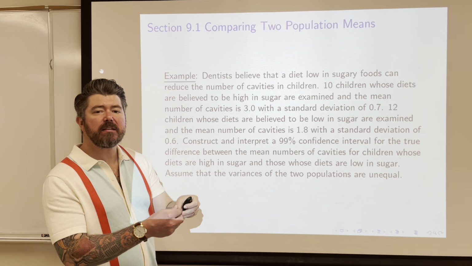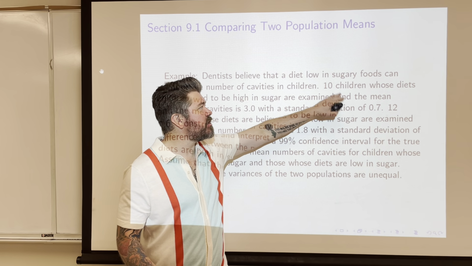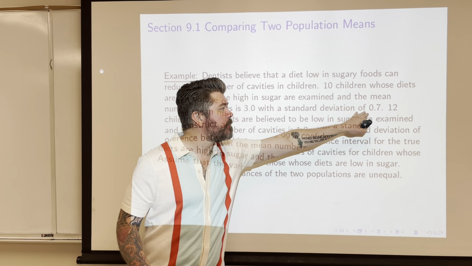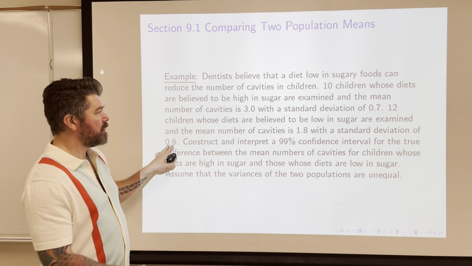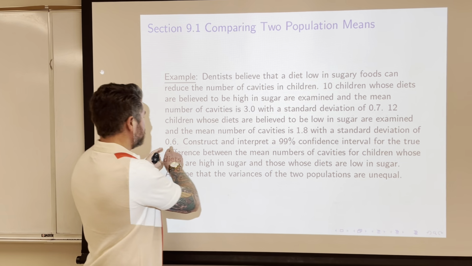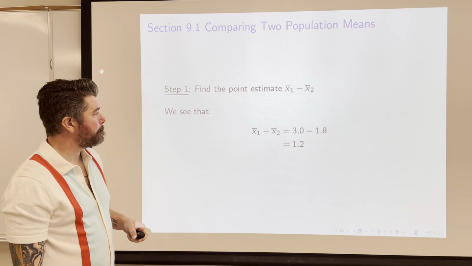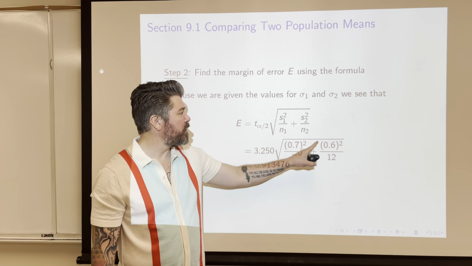So because that sentence is put together, we're assuming that this standard deviation is still coming from this sample. So this is our S1, and similarly, this standard deviation is our S2. So we have our S1 and our S2.